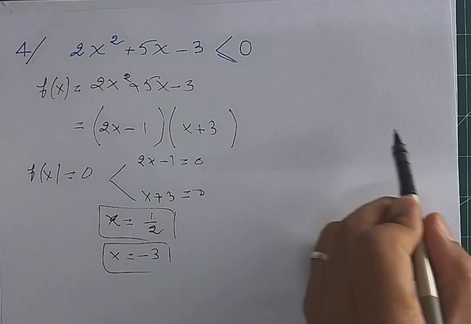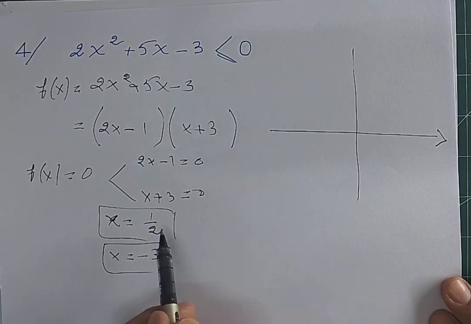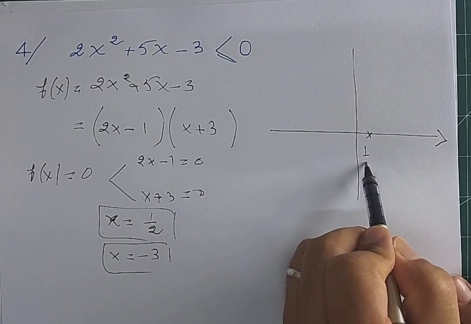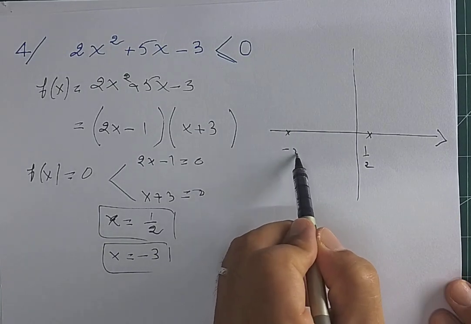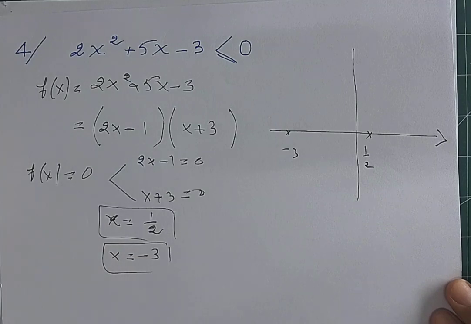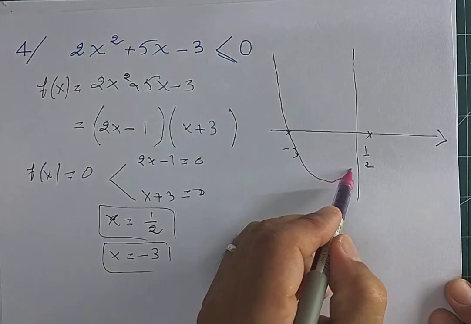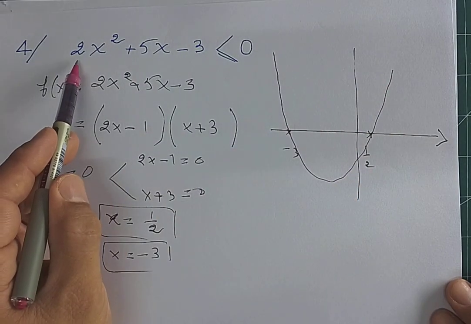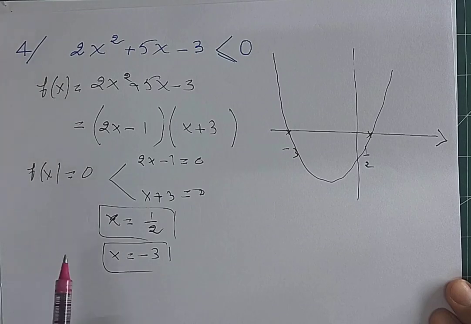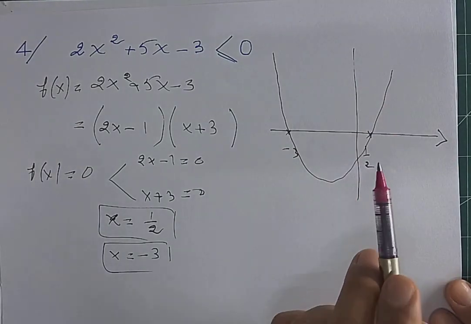Okay, so here we can draw 1.5 and minus 3, here minus 3. So we can draw it like that. Why is it like this? Because we have here a positive leading coefficient.